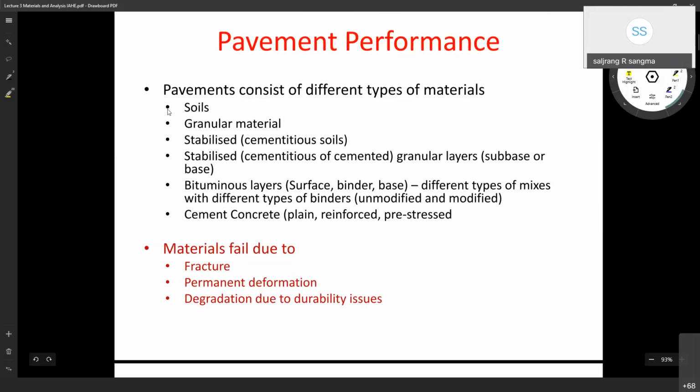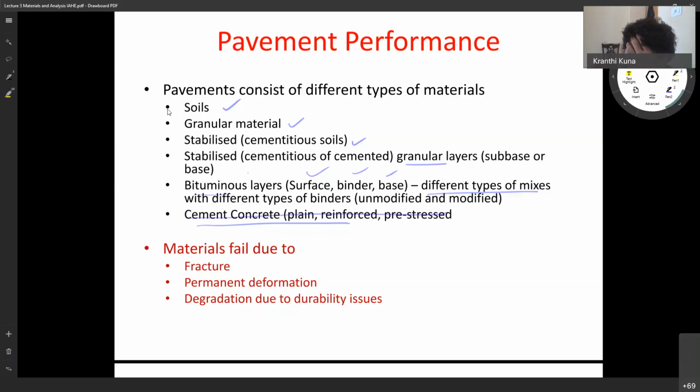Pavement consists of different types of materials. Obviously, soils, granular materials. We have stabilized soils. Okay, cement treated bases and granular bases, bituminous layers, surface course, binder course, and base, and different types of mixes we have. Say for example, if it is a concrete pavement, you have a concrete as well.